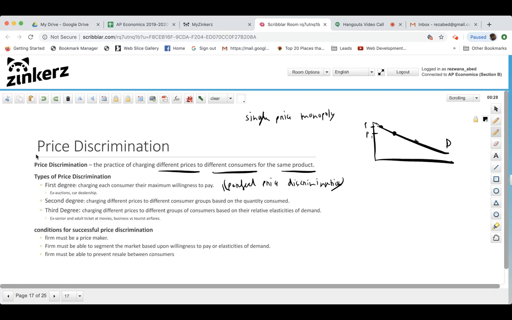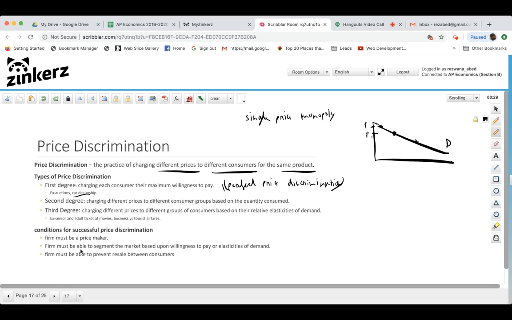But then the most common example where we see first degree price discrimination is maybe a car dealership. Okay, so when you go to a car dealership, you want to buy a car, you are going to talk to a car salesman, right? And they're basically doing what? They're talking to you and haggling with you, and they're basically trying to understand what your maximum willingness to pay for that car is, right?